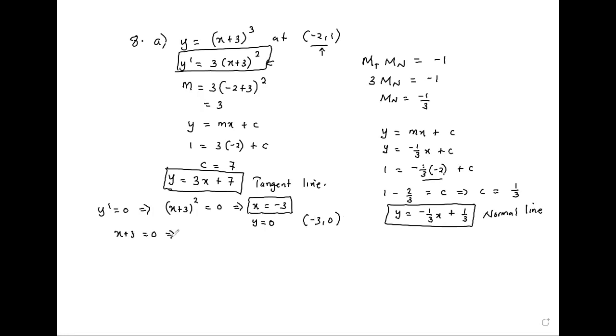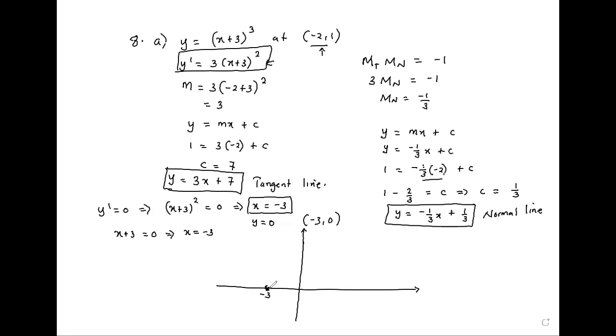So the only intercept we have is x is equal to -3. So we can sketch.